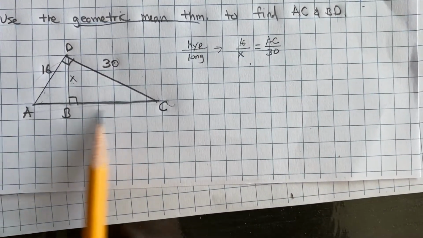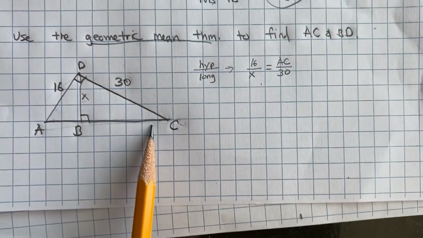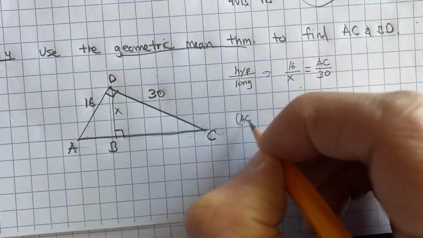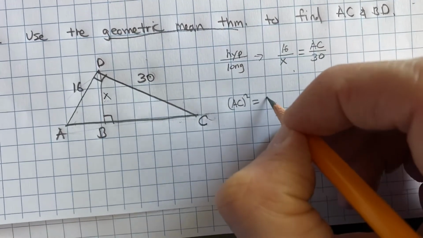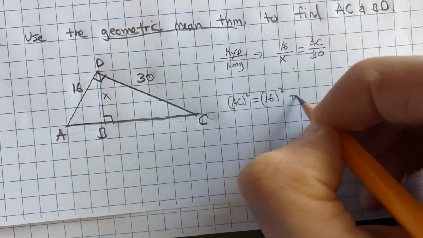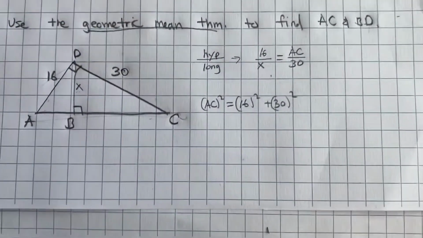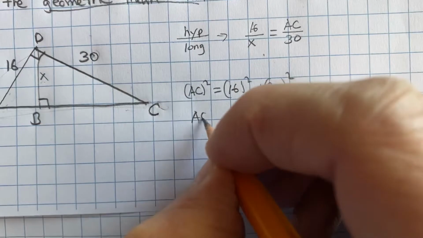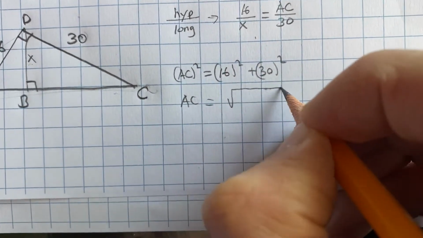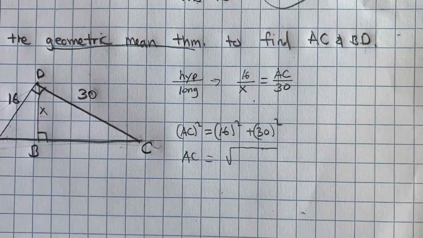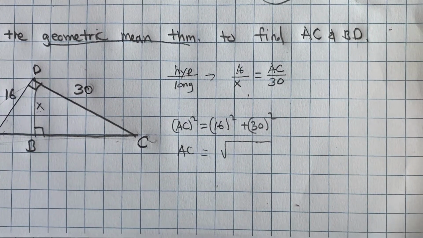But I can find what AC is just using Pythagorean theorem. Okay, so AC squared is equal to 16 squared plus 30 squared. So why don't you find what AC is? AC is the square root of 16 squared plus 30 squared.